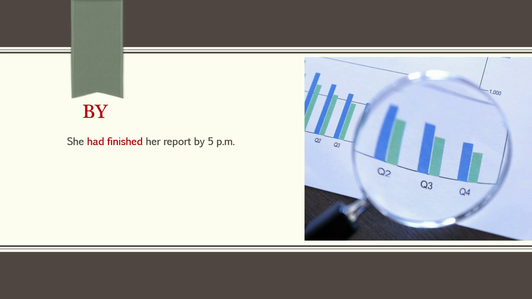Now here's how we use by the time in a sentence. She had left by the time he arrived. She had left. This happened first, before he arrived. He arrived. This happened after she left.